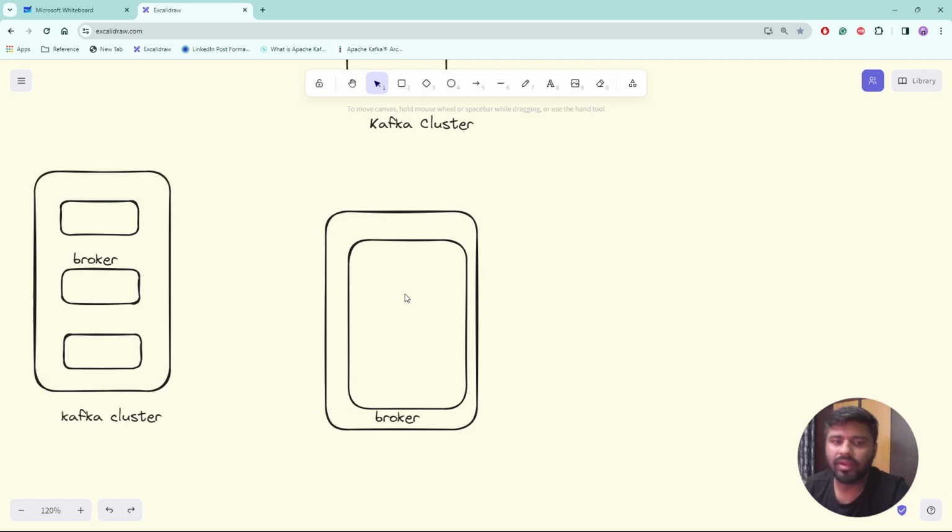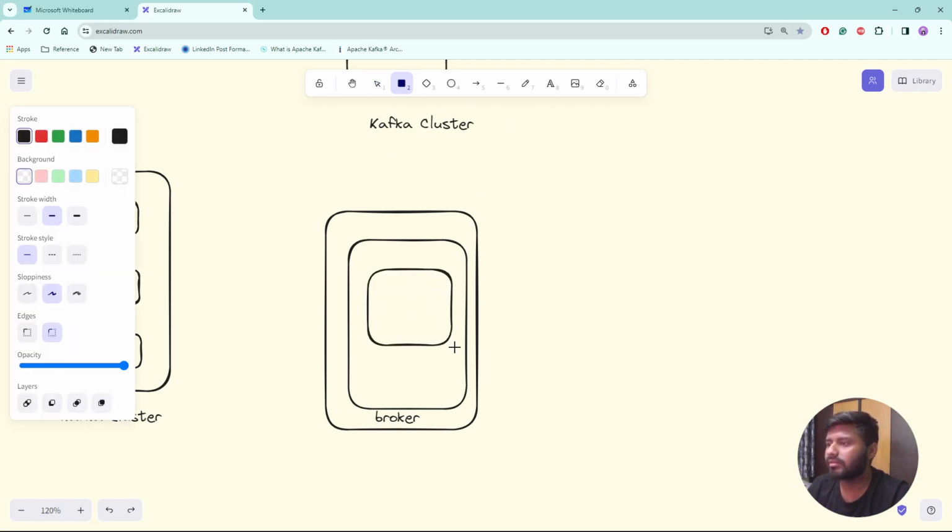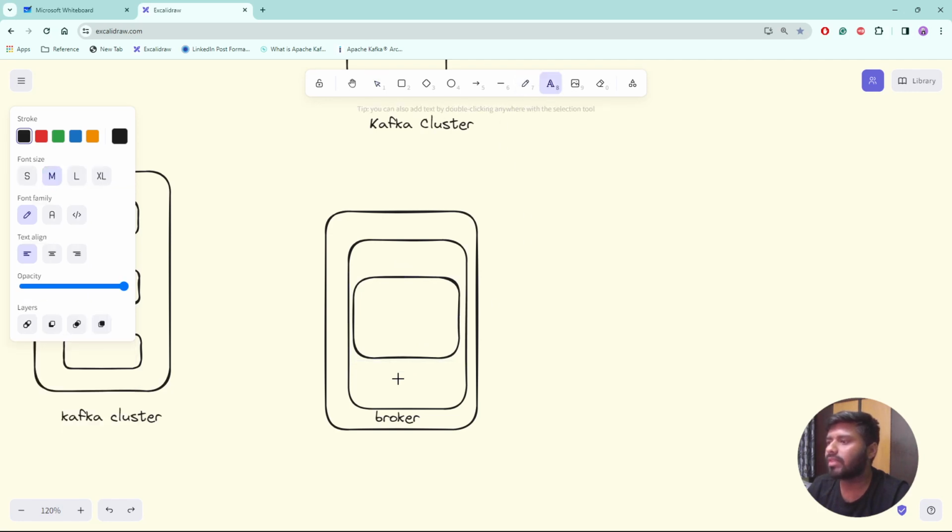Now folks, the very interesting part. A broker basically contains something called a topic. So within that broker we have something called a topic. Topics are nothing but the messages or the logs.